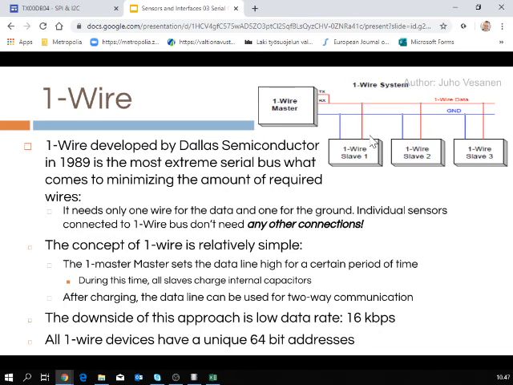Then one wire. I start with one wire because it's quite a nice concept. Dallas Semiconductor, again ancient technology, still in use because of its simplicity. You have one wire master, meaning your microcontroller. Both transmit and receive lines are the same.